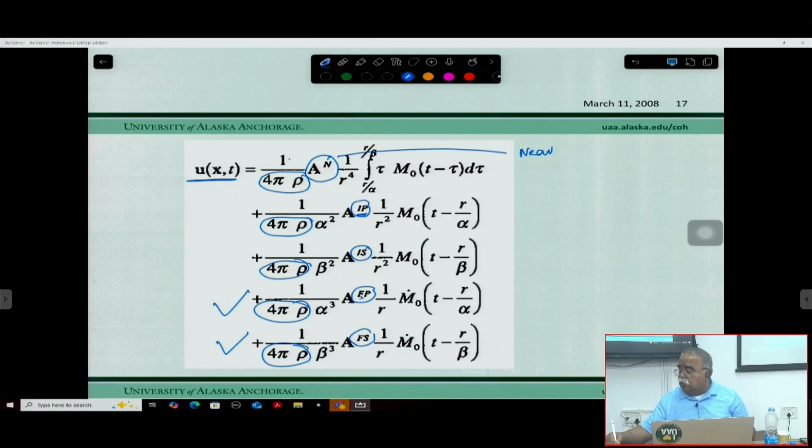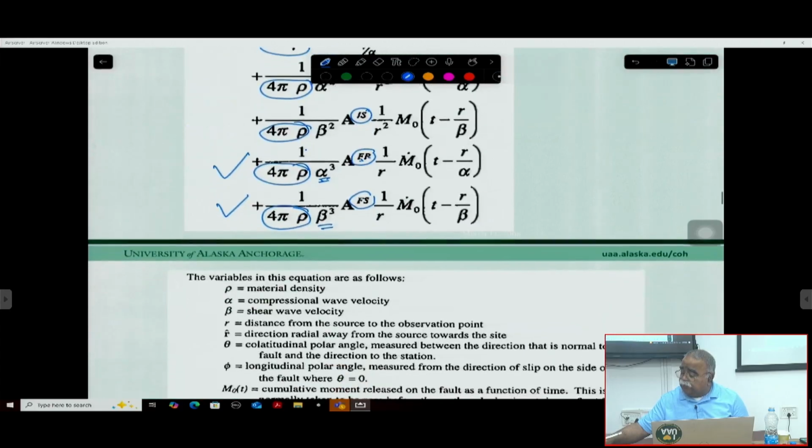So this is your 4 pi alpha cube, and then AFP, and this is m dot t into r minus alpha, and this is for the P wave, so it is alpha cube. If it is an S wave, then it's beta cube, right? So if you add all the contributions, then it will be like this, right?